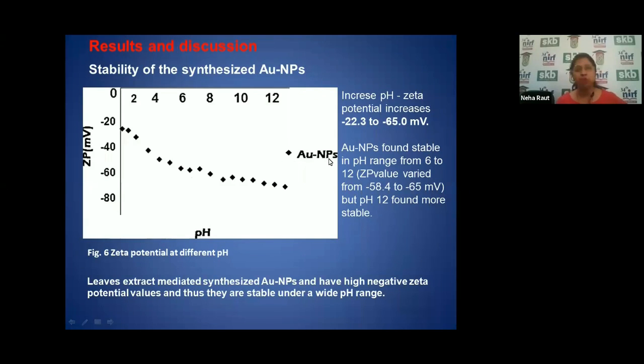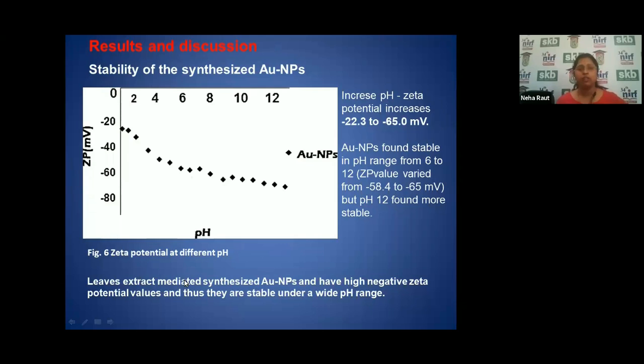So it indicates more stability with an increase in pH, as it has shown better stability in the range of 6 to 12, and the most stable is at 12.